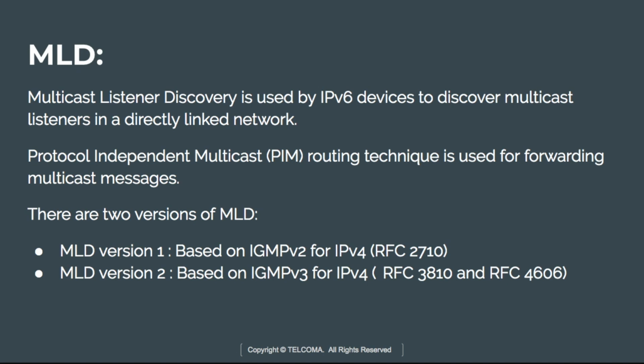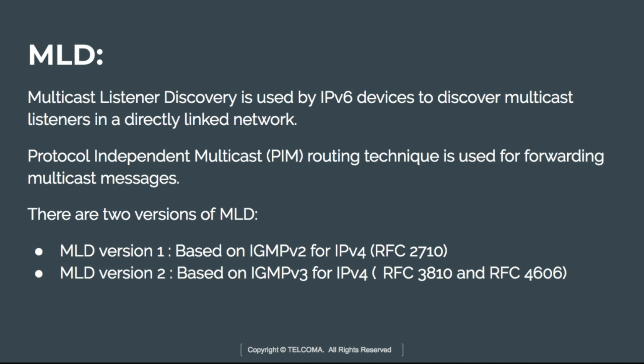Protocol Independent Multicast, that is PIM, is the routing technique that is used for forwarding multicast messages in a network. There are two versions of MLD. The first one is MLD version 1, which is based upon IGMP version 2 for IPv4, and it is defined in RFC 2710. IGMP is the Internet Group Management Protocol.